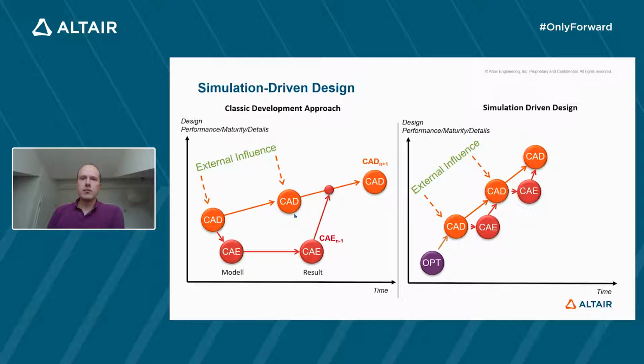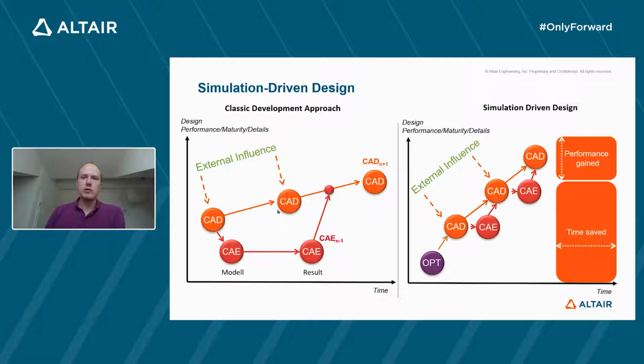Therefore, what I would recommend is to use simulation upfront before your design. Use optimization and simulation to determine the optimum layout of your structure, and by this enable a more mature and more performant design.